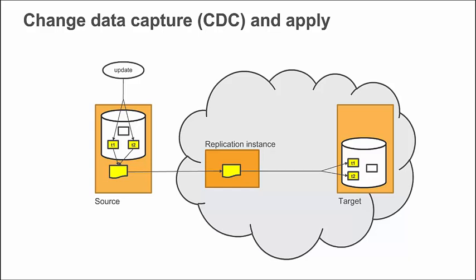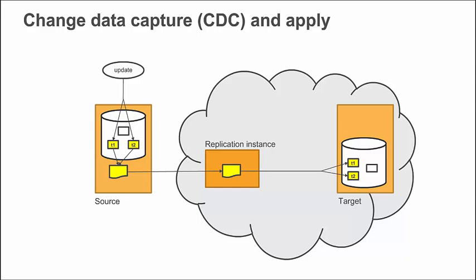The second phase of the database migration process is change data capture and apply. It starts when the bulk load process ends and we are ready to apply transactions that transpired during and after the bulk load process.